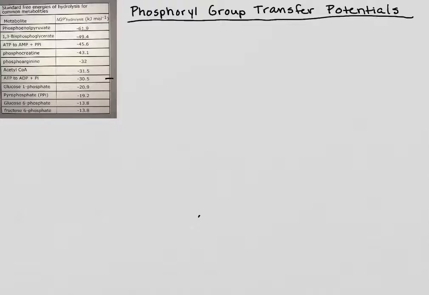And certainly we can look at the placement of that reaction on our phosphoryl group transfer potential table and recognize that the energy generated, 30.5 kilojoules per mole, is certainly plenty to make glucose 1-phosphate. It only takes 20.9 kilojoules per mole to phosphorylate a single glucose and make glucose 1-phosphate.